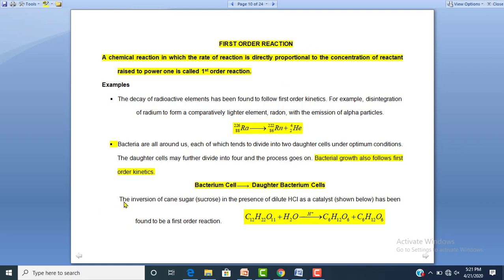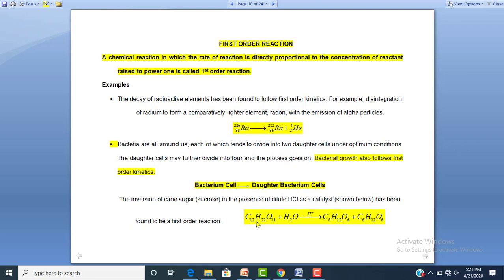A very important reaction, the inversion of cane sugar, sucrose, into glucose and fructose. This reaction takes place when you react dilute HCl. So when you react sucrose with water in the presence of dilute HCl, then glucose and fructose are produced. This hydrolysis of cane sugar is also followed by first order reaction.